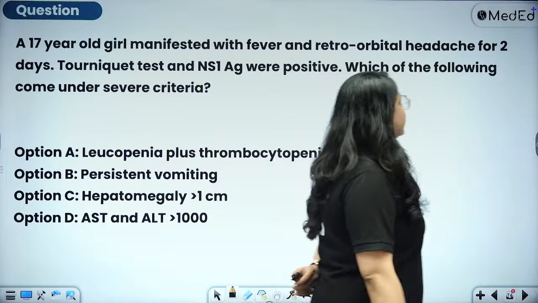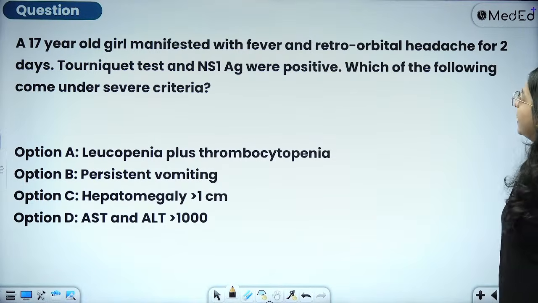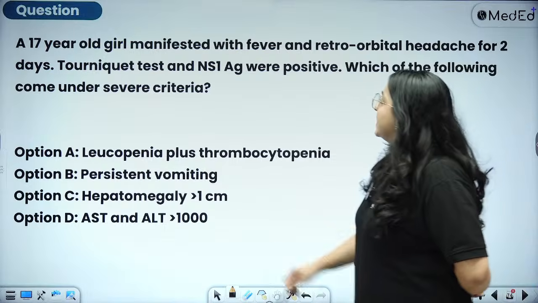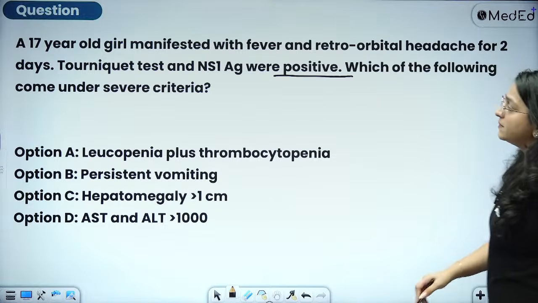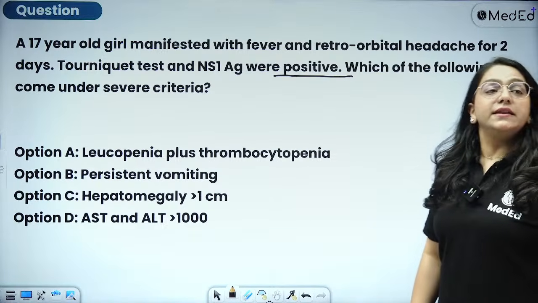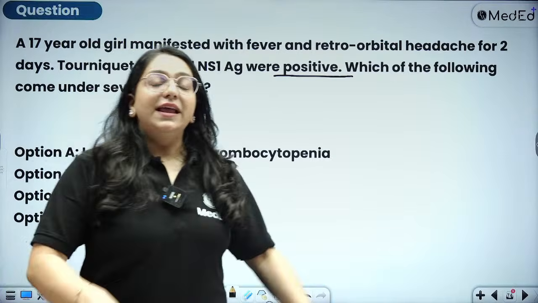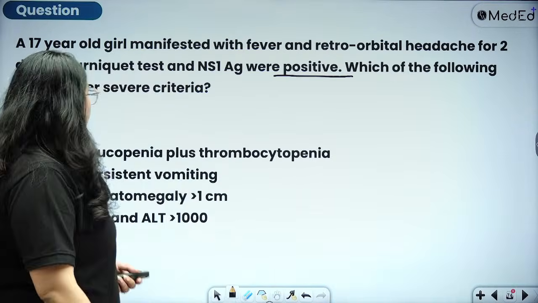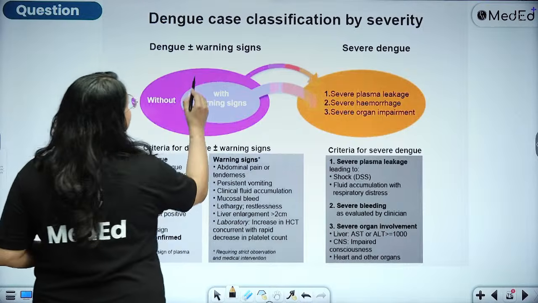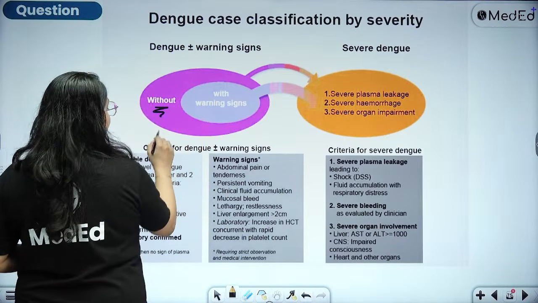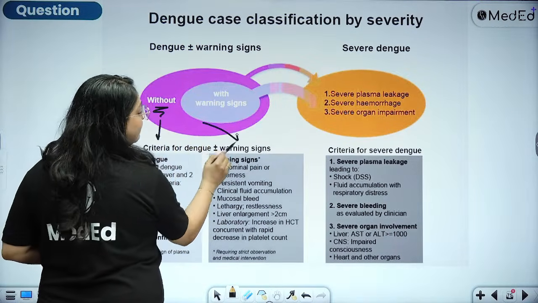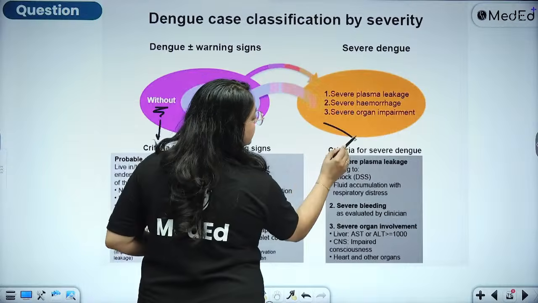A 17-year-old girl manifested with fever and retroorbital headache; tourniquet test and NS1 are positive. Which of the following comes under the severe criteria? Now, as promised, we are going to discuss the different criteria for diagnosis of dengue infection. This is simply dengue fever, this is dengue fever with warning signs, and this is severe dengue.